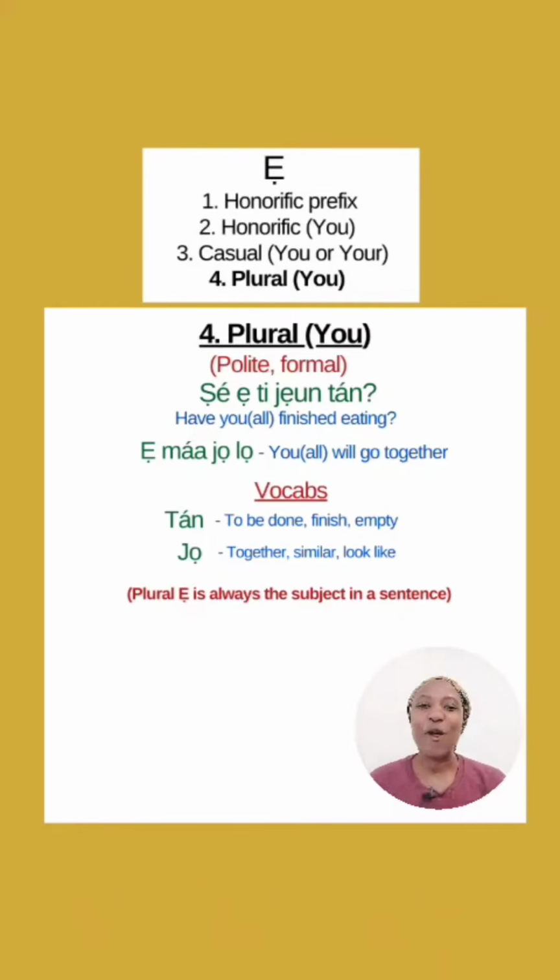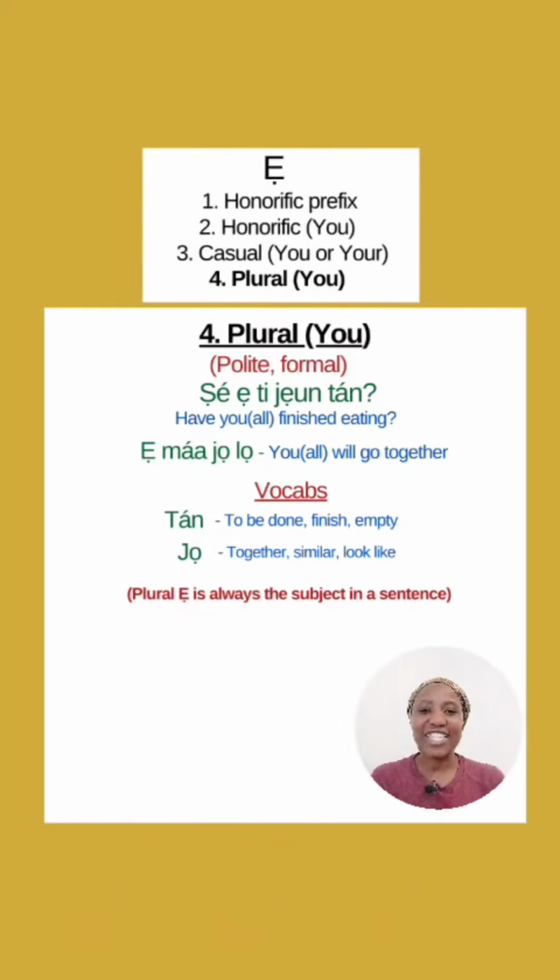Mo dúpẹ́ pé ẹ wà pẹ̀lú mi lénìí. Mo dúpẹ́ pé ẹ ń gbọ́ mi lénìí. So can you see the example used there? Ẹ is used for a group of people from two and above.